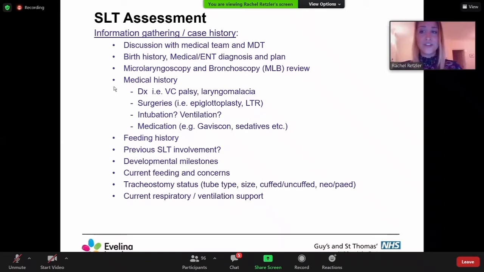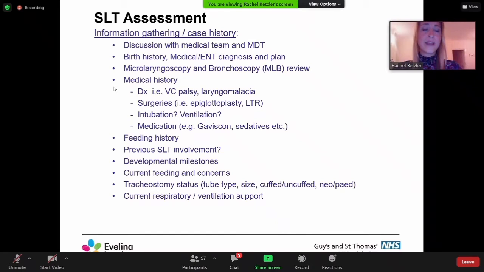We're looking at neurological, airway pathology, ENT diagnoses, gastrointestinal, cardiac, syndromic, structural, the list goes on and on for the things that you're looking at with these children. You want to make sure you have a thorough understanding of their history and their plans from the different MDTs involved. We want to look at their medications and their medical history.